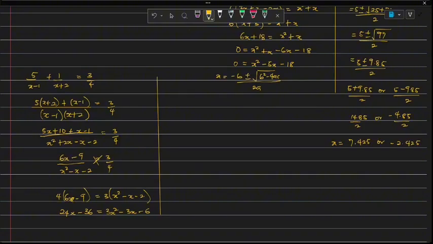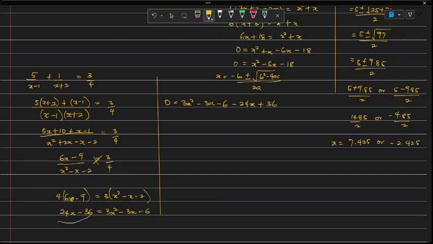So what I will do is move these guys to the other side so I can bring out the quadratic equation. Doing that, I'm going to have 0 is equal to 3x squared minus 3x minus 6. Now 24x goes to the other side and becomes minus 24x, and minus 36 goes to the other side and becomes plus 36.